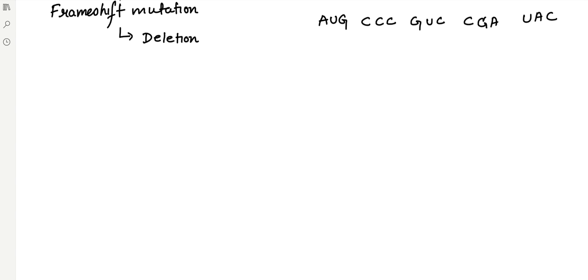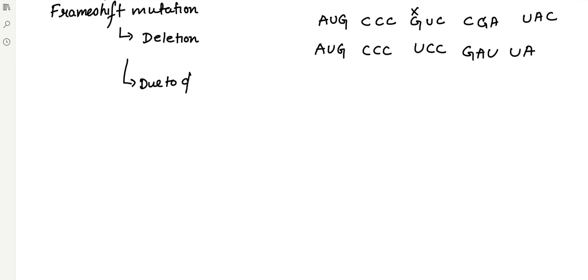deleted, so the new sequence will be AUG, CCC. Now this got deleted, so you will be UCC, GAU, UA. So due to deletion of nucleotide, what is happening due to deletion of nucleotide?